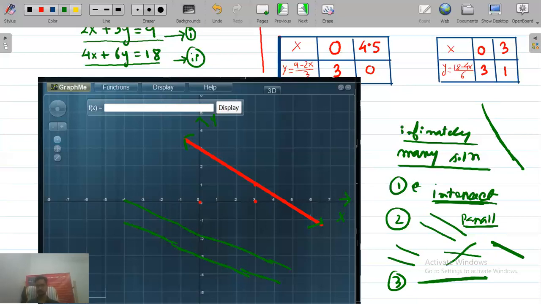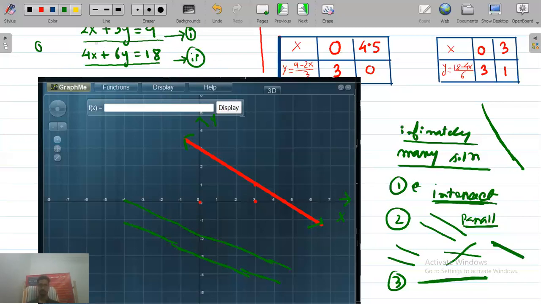When two lines intersect at one point, the two equations which denote the lines have only one solution. That means in that situation we can find only one value of x and one value of y.